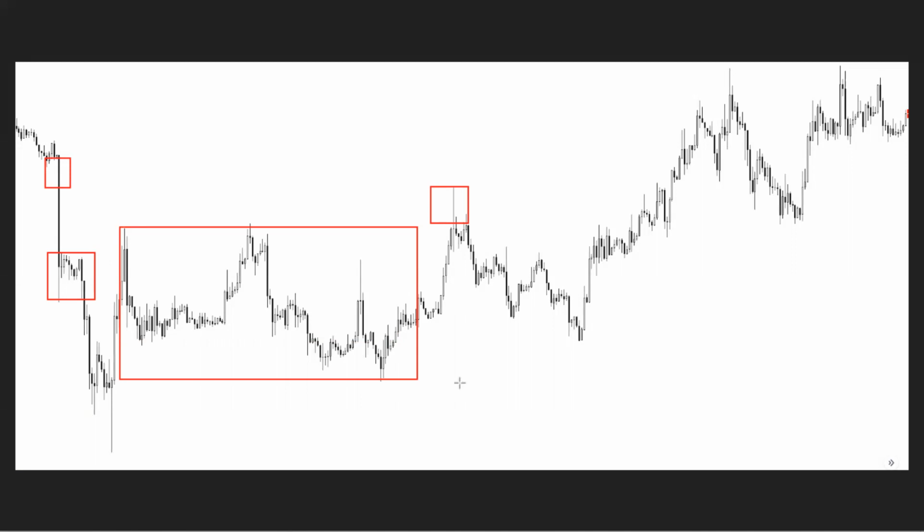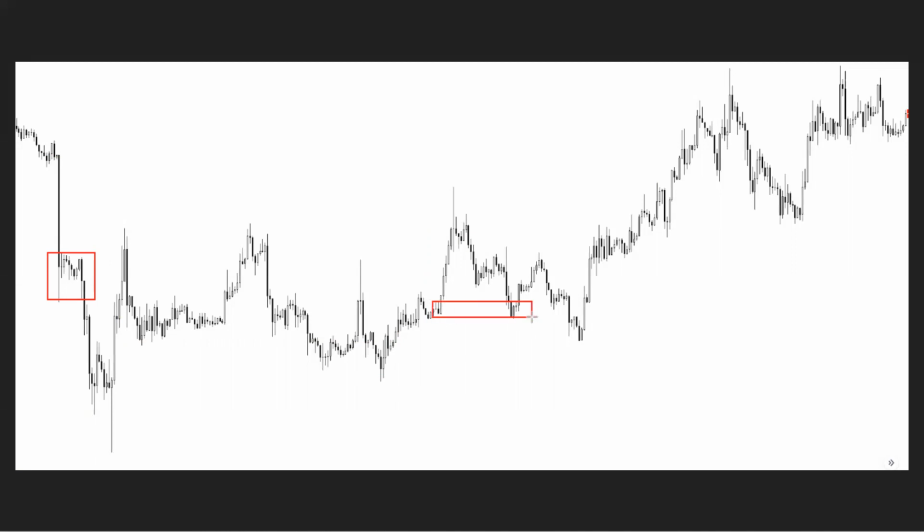So this whole structure is the FTR. Within the FTR, again, you're just looking for these untested pockets of liquidity. You can see here that never got tested. Okay, those are the areas at which you should be looking to trade. Again, looking to run price up into this area here.